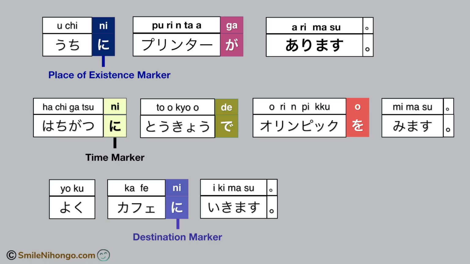You can never memorize a particle with one translation in English, okay? As you can see here, this ni means at, as in at home. This ni means in, as in August. And this ni means to, as in to the cafe.